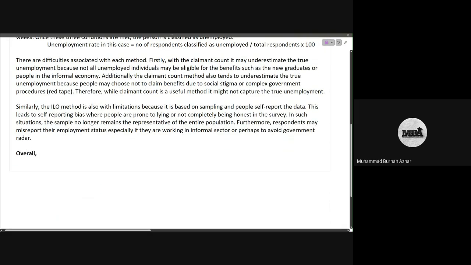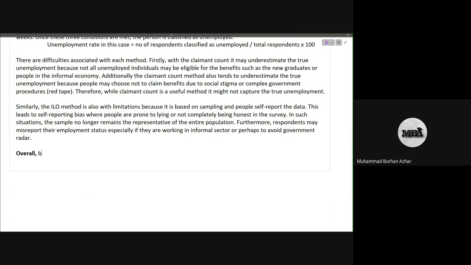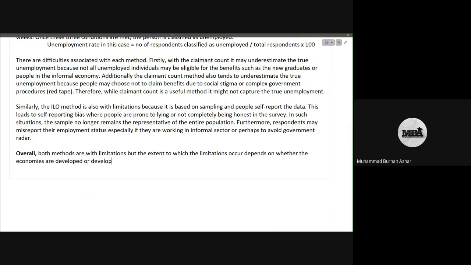So overall, both methods are with limitations, but the extent to which the limitations occur depends on whether the economies are developed or developing.